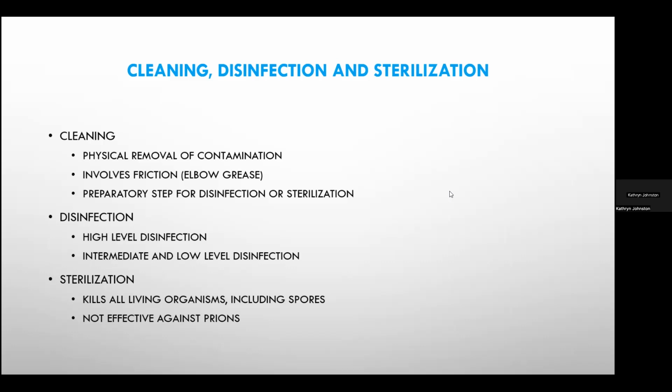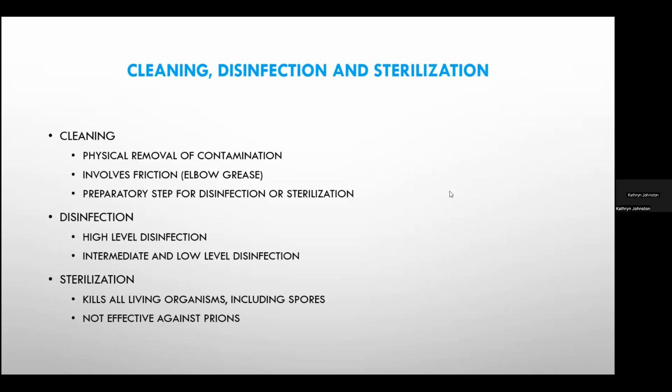So in this component, we're talking about disinfection as the use of chemical agents. They come in intermediate level disinfectants such as phenols and sodium hypochlorite or bleach that remove vegetative bacteria and some bacterial spores, as well as the use of chemical agents known as low-level disinfectants.